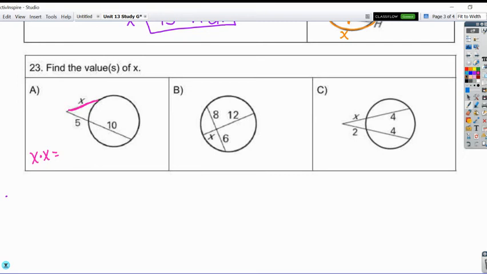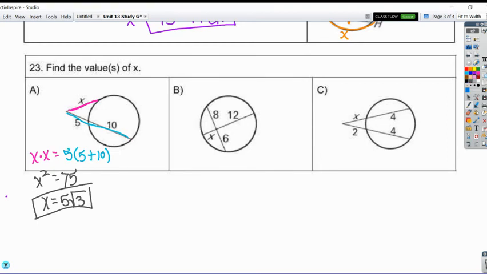And set that equal to, then my secant, outside times the whole. So outside is 5, and the whole is 5 plus 10. So when we go ahead and solve, I'm talking about how x squared is equal to 75. Take the square root on both sides and make that factor tree, get this into simplest radical form. You're talking about 5 times the square root of 3.